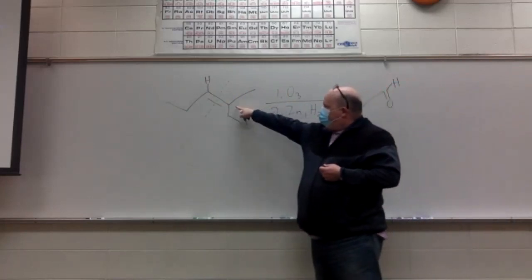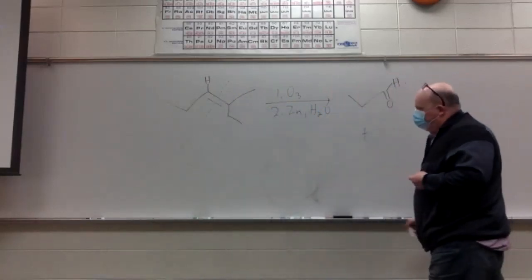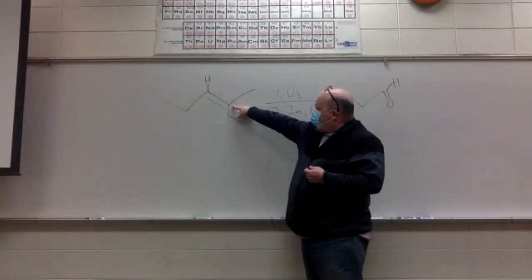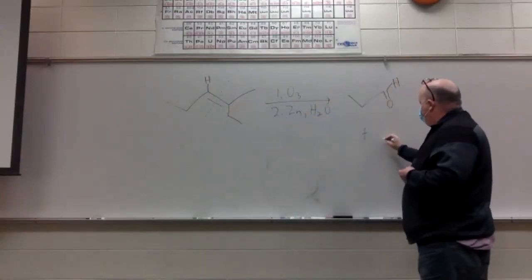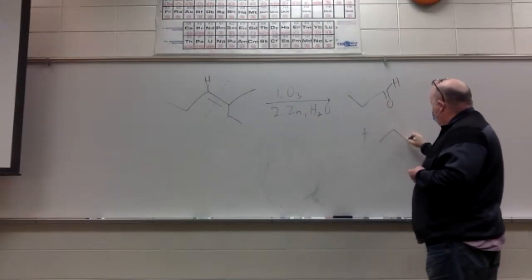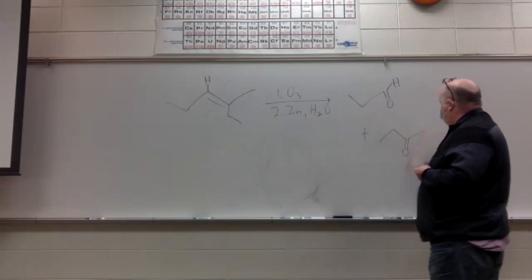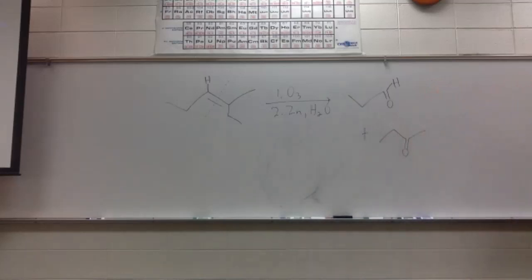You do the same thing over here, except you notice this carbon has two R groups. It has an ethyl and a methyl. So it's a ketone. So in this particular example, we get one aldehyde and one ketone.